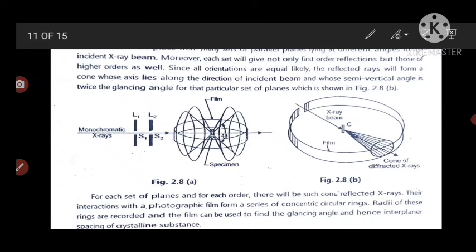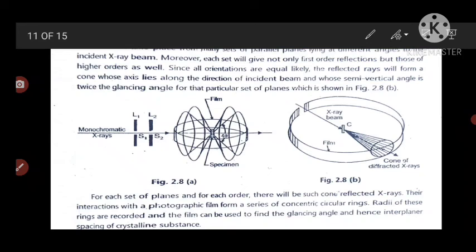So you have to know the Bragg diffraction condition, that is n lambda is equal to 2d sin theta, where n is equal to 1, 2, 3. If n is equal to 1, that is first order diffraction, n is equal to 2 is second order, n is equal to 3 is third order or higher order.